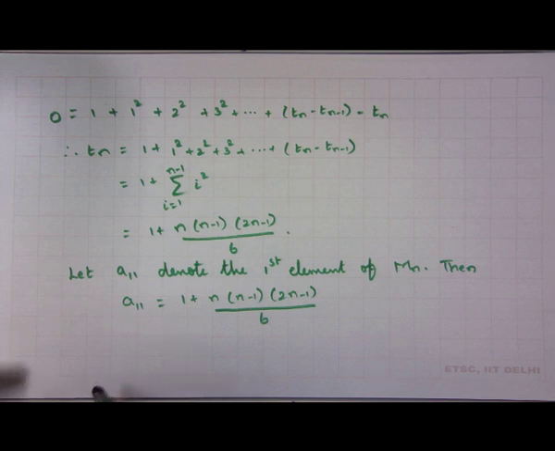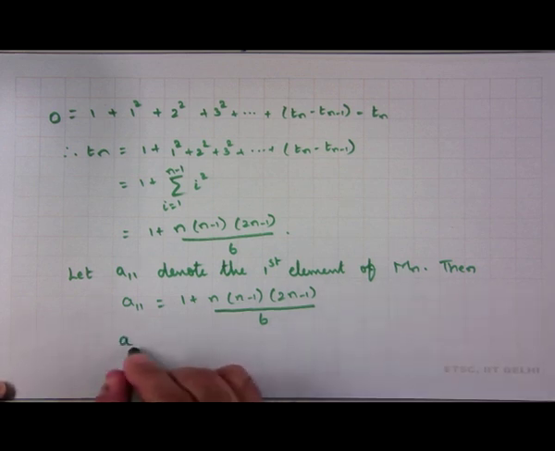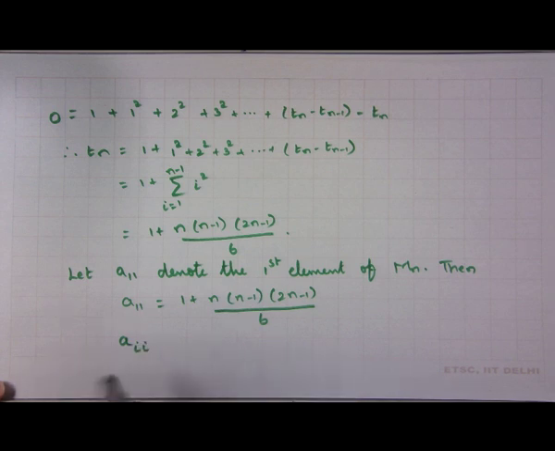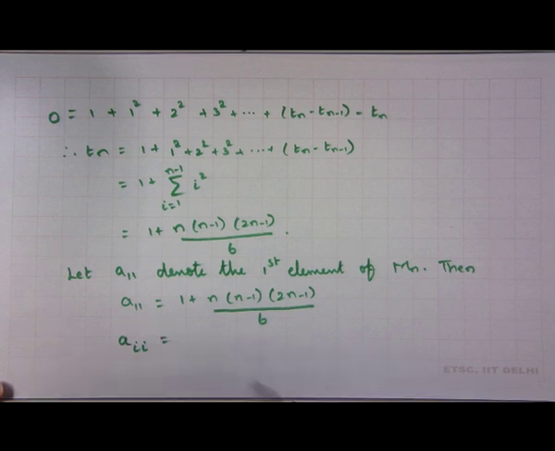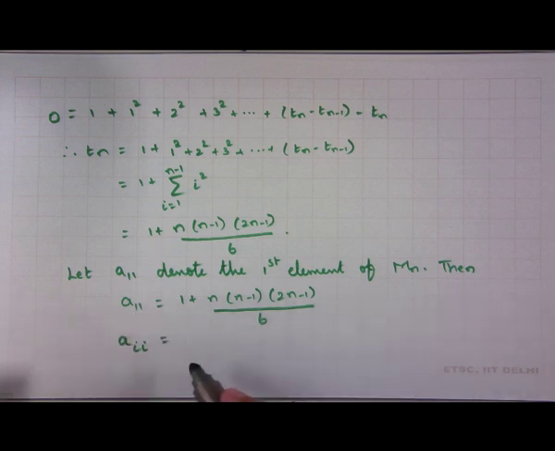Now, the next element is just plus 1 plus 1 plus 1. What we wanted is all aii, for 1 less than or equal to i less than or equal to n. One can notice that the difference between a22 and a11 is just n plus 1.